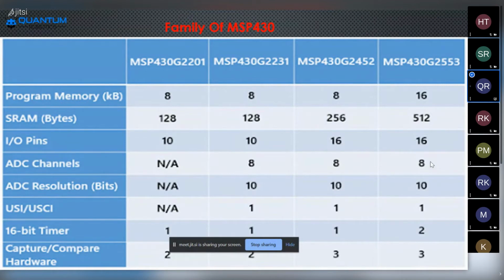And when we go to the final classification, the MSP430G2 is more classified, with advanced features included. Here we can see that the programmable memory is 16 kilobytes, SRAM is 512 bytes, and input and output pins are 16.